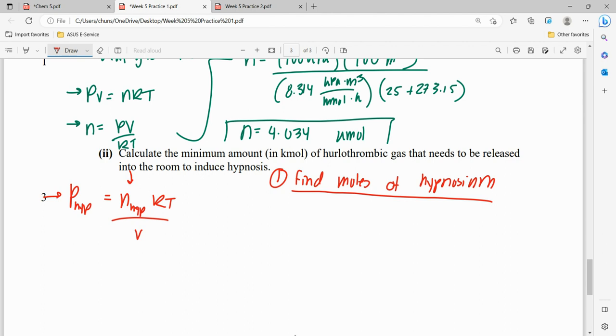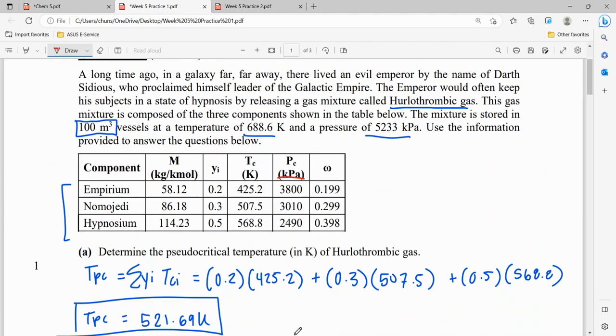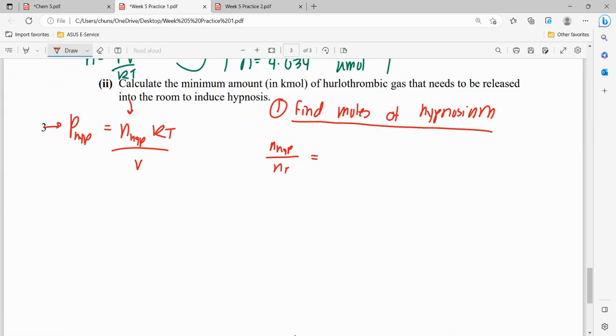So we know out of our total, this equals our value that we're given here, which is 0.5. Right? And we know our total moles.